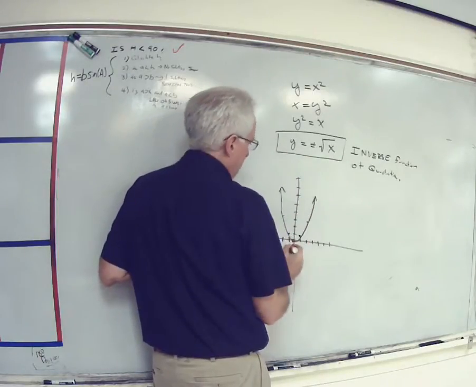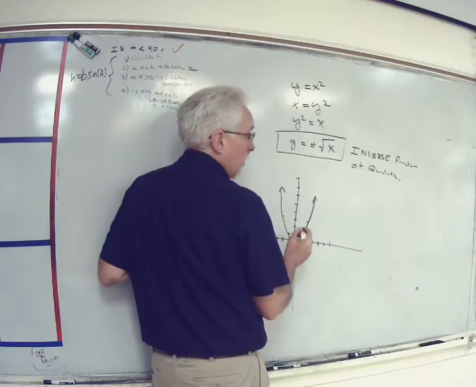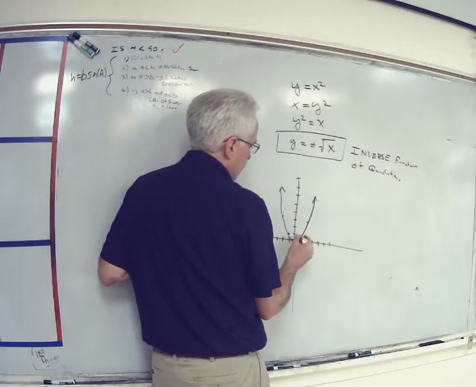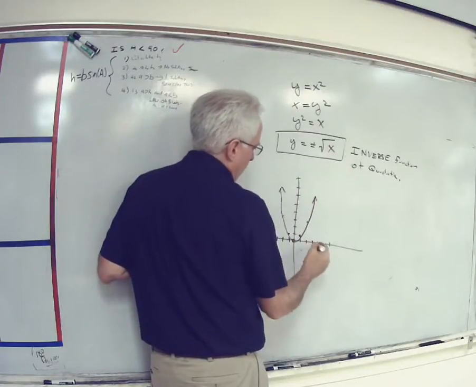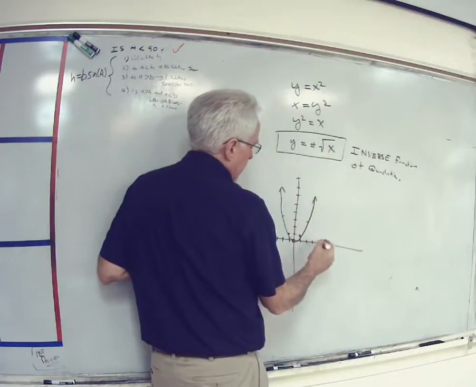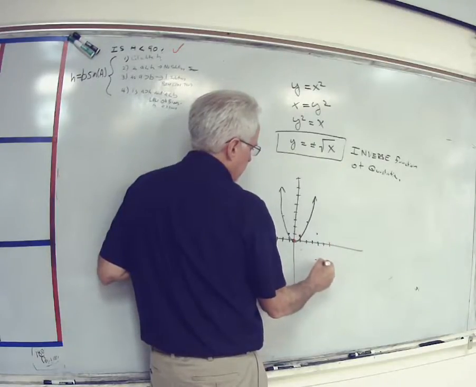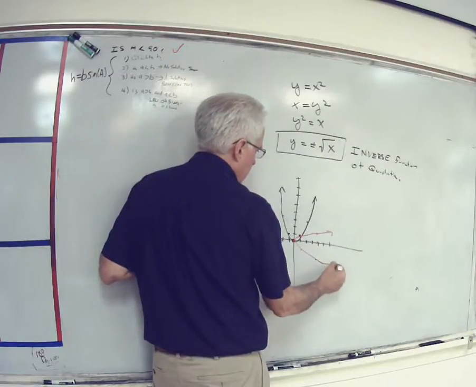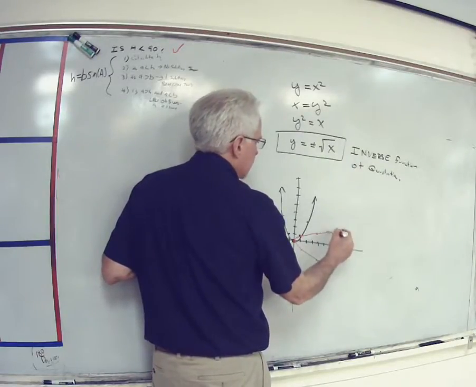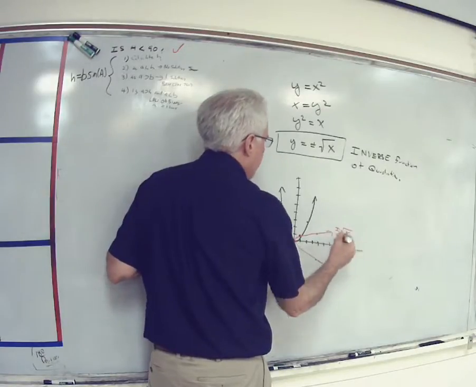If x is 1, where is y? Plus or minus 1. I'm going to go all the way out to 4. At 4, it's plus or minus 2. So this is plus or minus the square root of x.